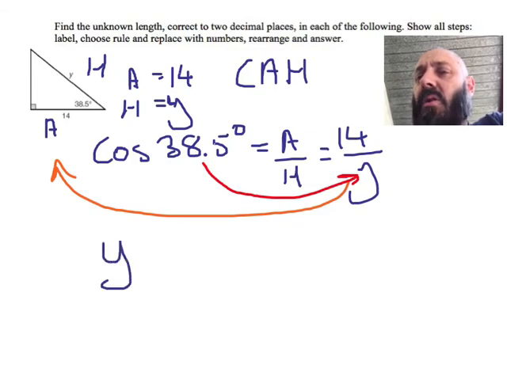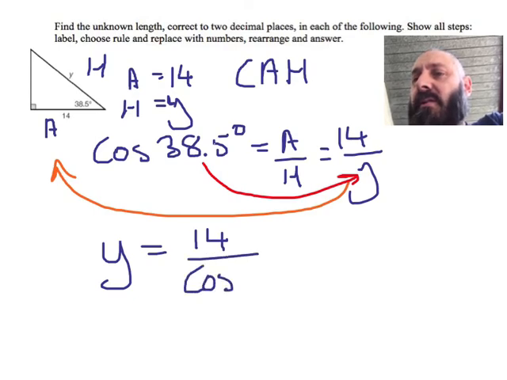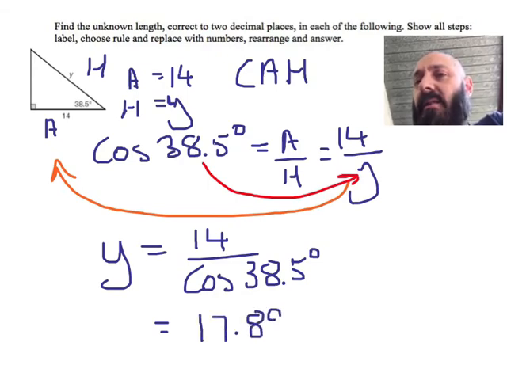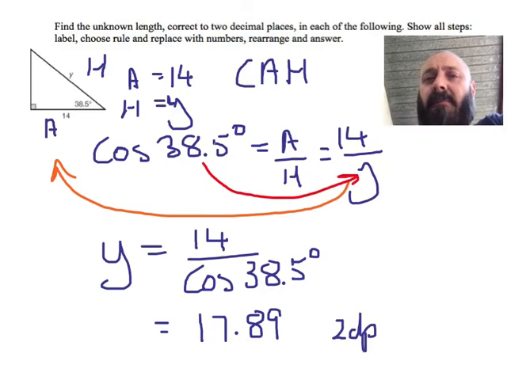So that leaves me with y equals 14 over cos 38.5 degrees. And by my estimates, that's 17.89. I didn't have the units, but that's 2 decimal places. And there you have it.